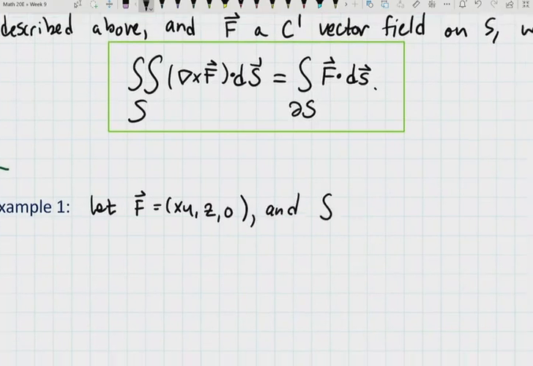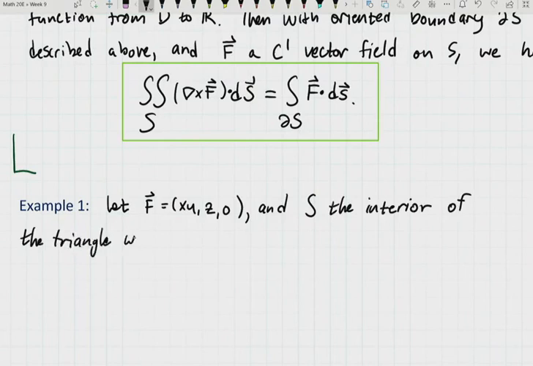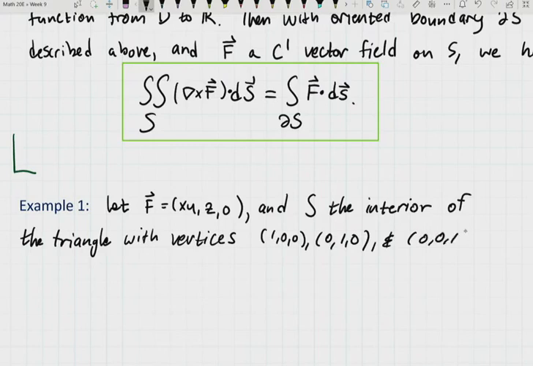And S, my surface, is a triangle, but in 3-space. So let's place the vertices at (1, 0, 0), (0, 1, 0), and (0, 0, 1). And let's verify Stokes' theorem for this surface.